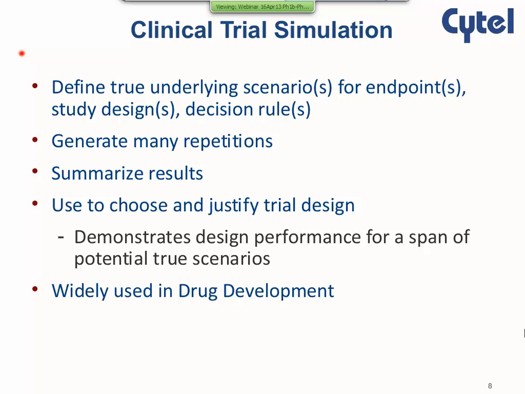And then we summarize the results, compare them across the scenarios and the possible choices, and choose and justify a trial design by those simulations. And those simulations demonstrate the performance characteristics of the designs across a span of potential true scenarios. And this is widely used in drug development to design individual trials.